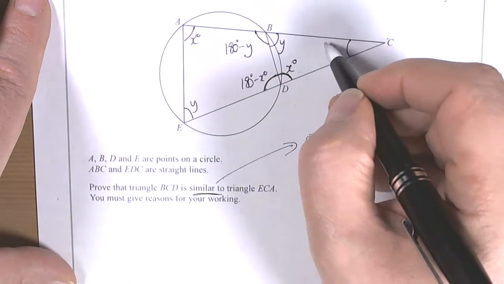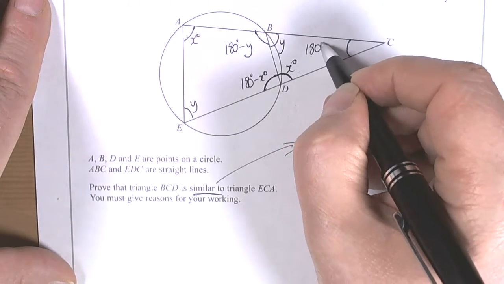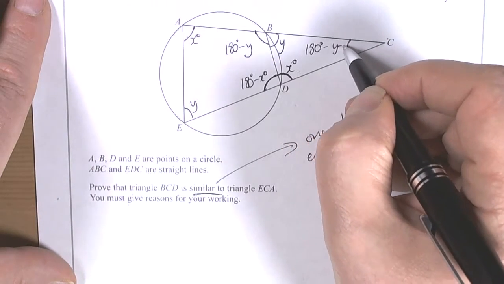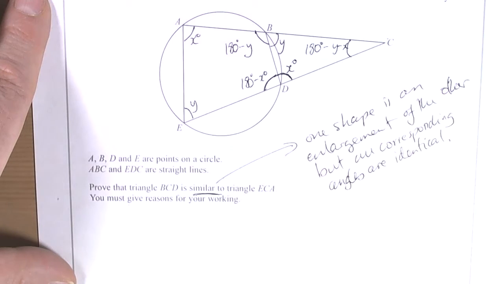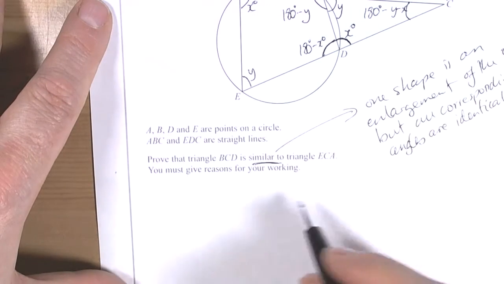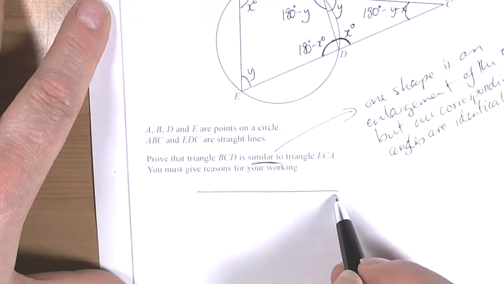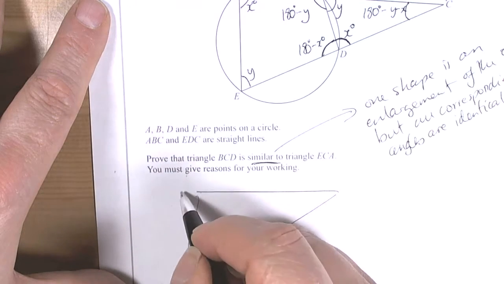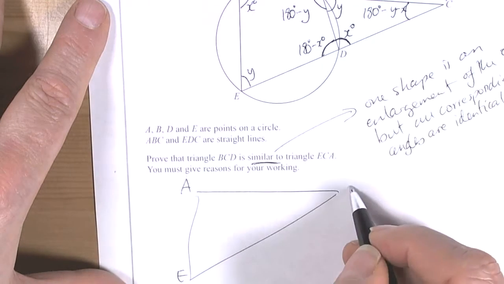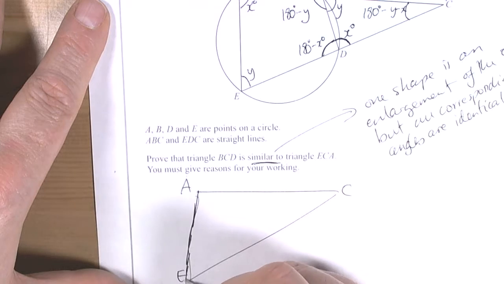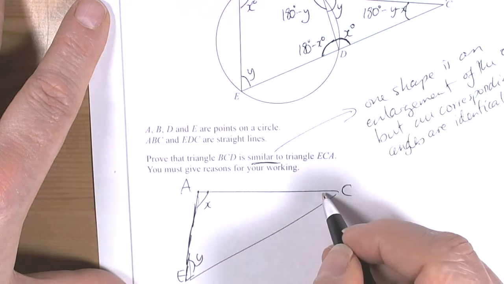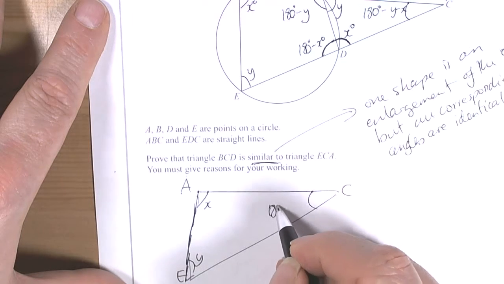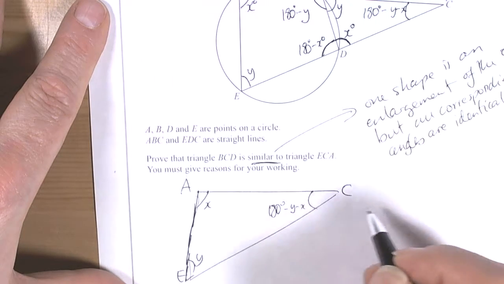And this must be 180 degrees minus y minus x. And so what we can see then is we've got the big triangle AEC, and that was x, that was y, and this is 180 minus y minus x.